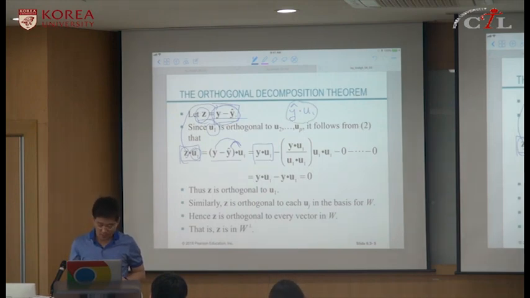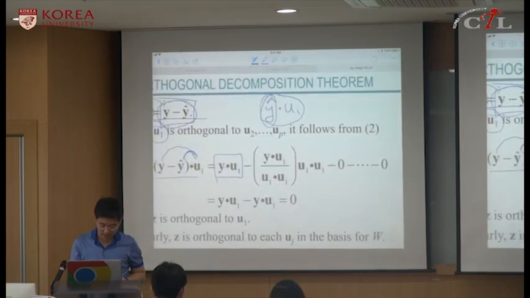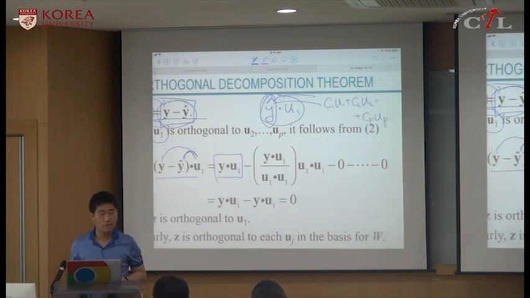This y hat is a linear combination of our basis vectors, because y hat should be inside of our subspace, right?